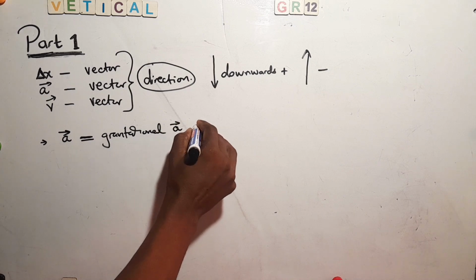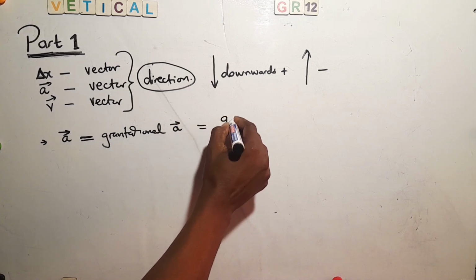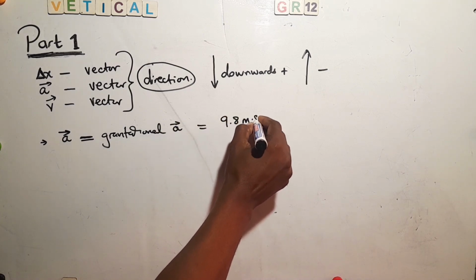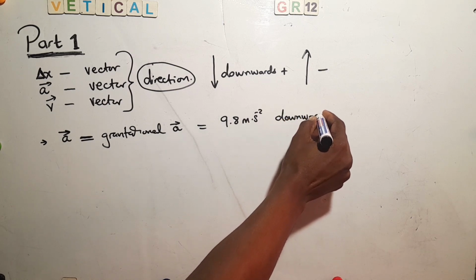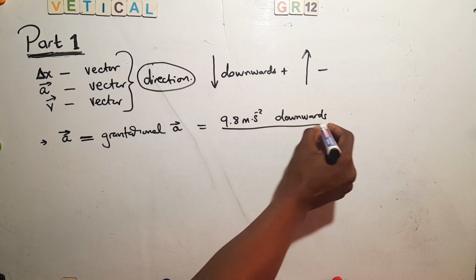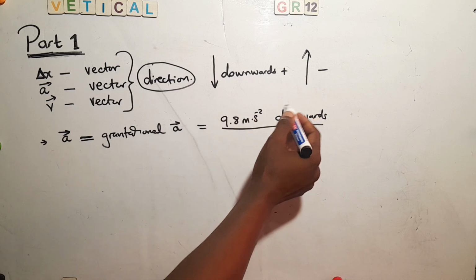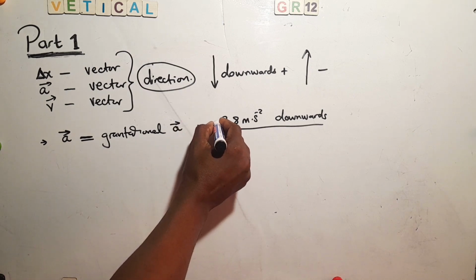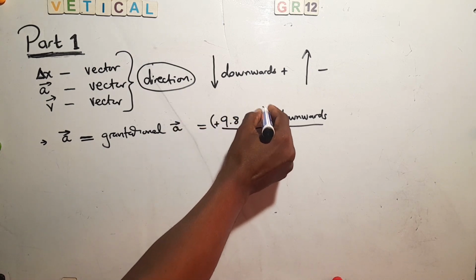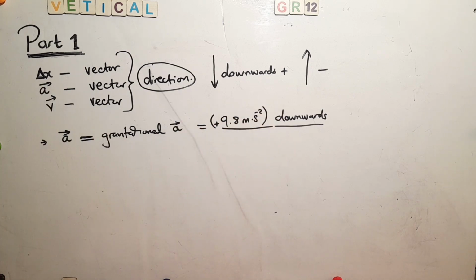Acceleration will be 9.8 meters per second squared downwards. Remember, this is a vector, so you must have magnitude and direction. Since I said I'm going to be taking downwards as positive, it means that I always have to put this as my positive.